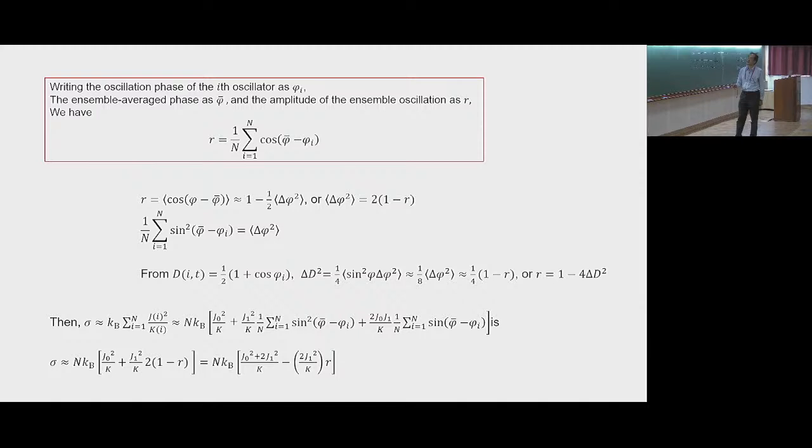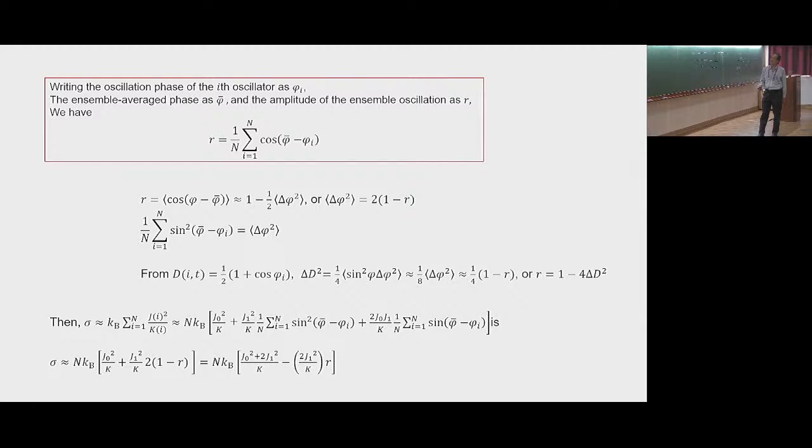Which means the dispersion of delta phi squared is represented by the amplitude like this, when R is near 1. And this term is the delta phi squared average.